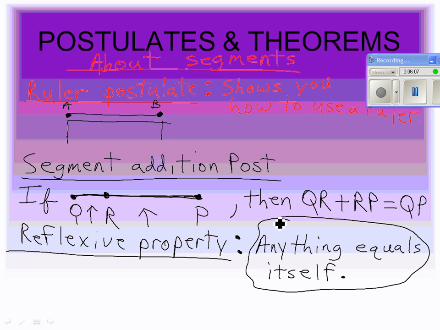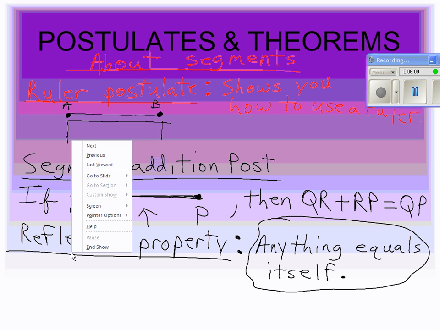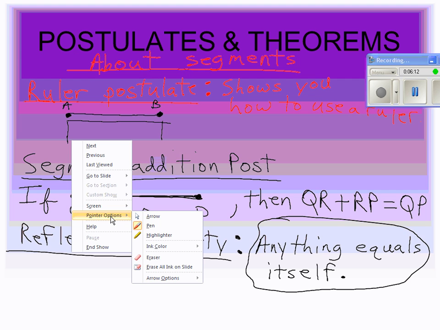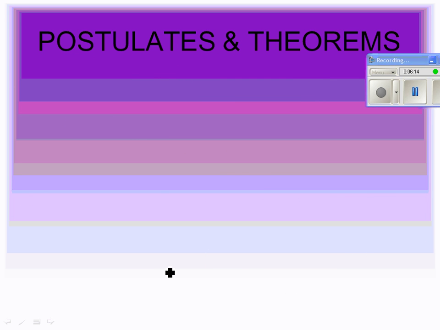All right, so that's the reflexive property. The other properties that we covered last time go along with reflexive property. You have symmetric property, and I'm going to do these two together.